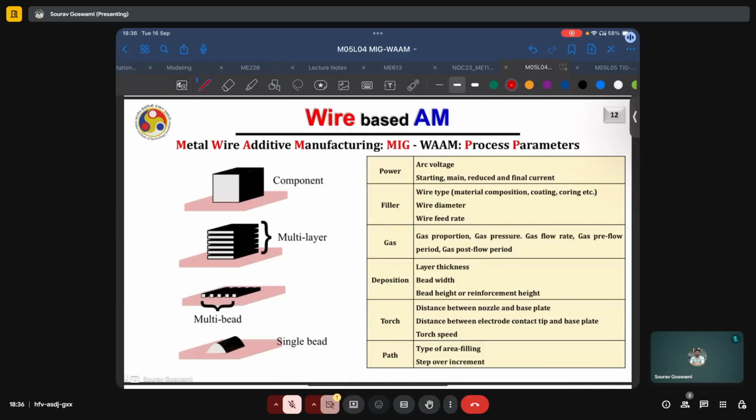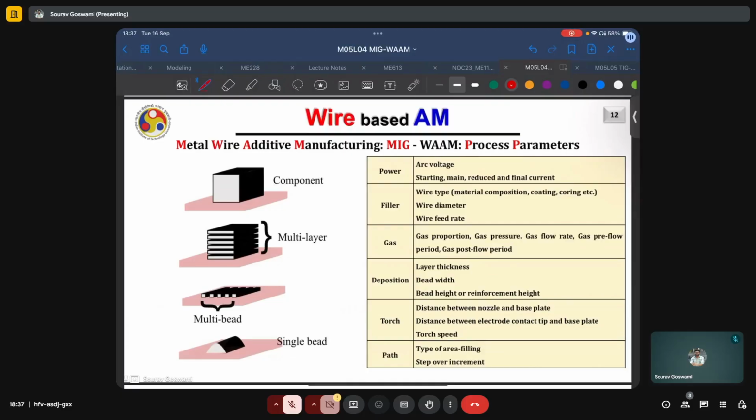Once we have optimized our technology and the process parameters for a single bead, and by this I mean that we are able to achieve consistent, reproducible bead widths and heights, stable deposition, no lack of fusion, or no balling phenomenon, good dilution, then we can say that our process parameters have been optimized for a single bead.